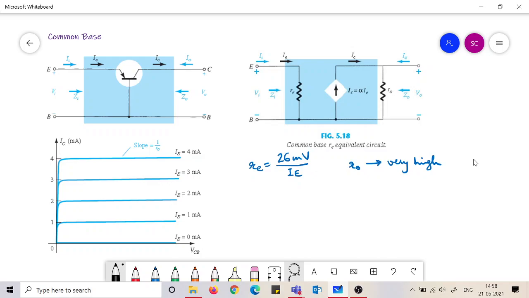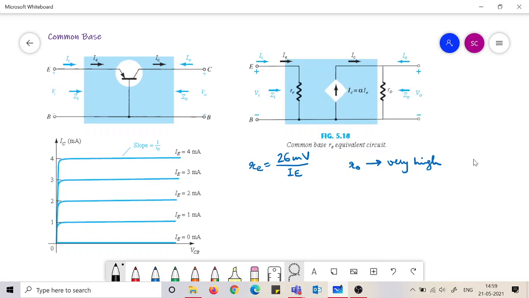Now for the common base configuration, the output characteristics are very much flat. For the common emitter configuration, the output characteristics had some slope, but the common base characteristics, although we normally treat them as the same, to be more precise, are flatter than the common emitter characteristics.